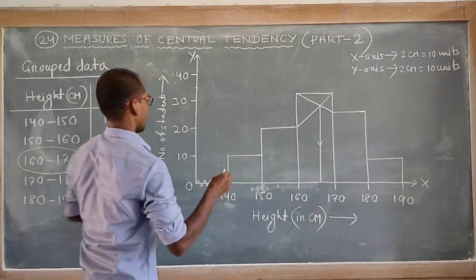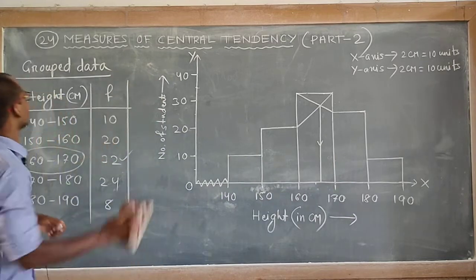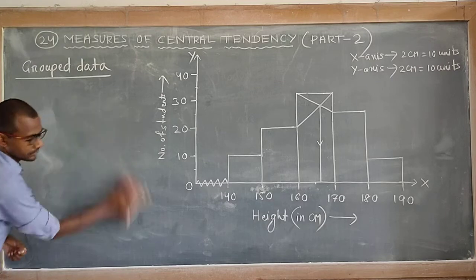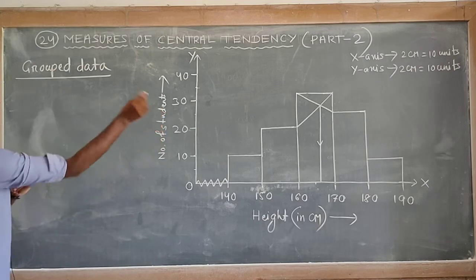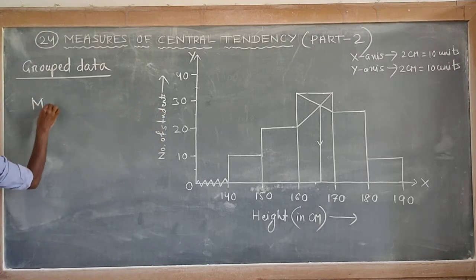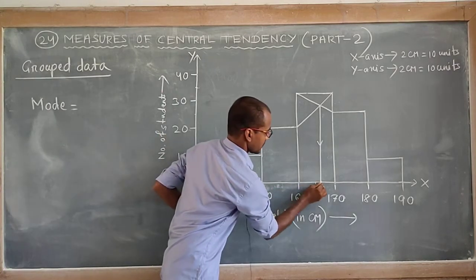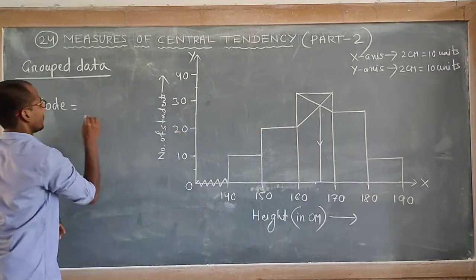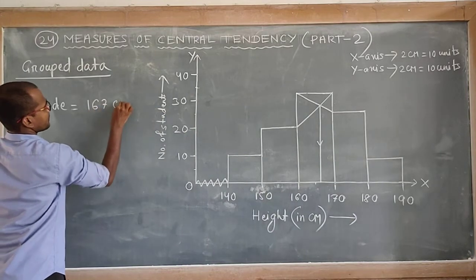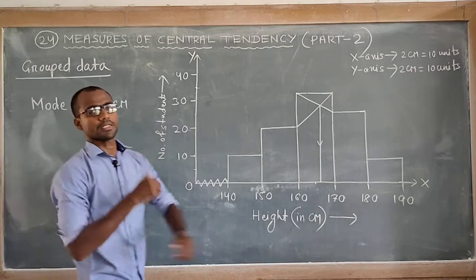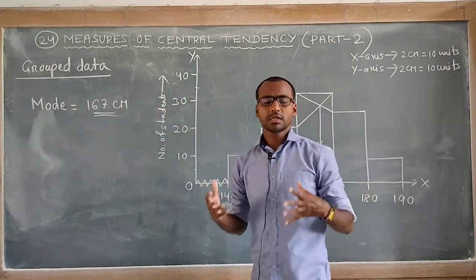So here mode is equal to this value, which is 167 cm. So mode is equal to 167 cm. This is not exact.